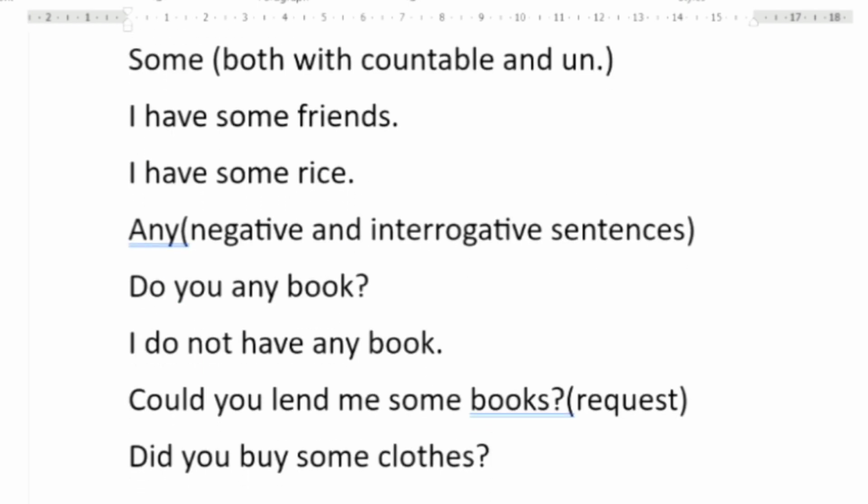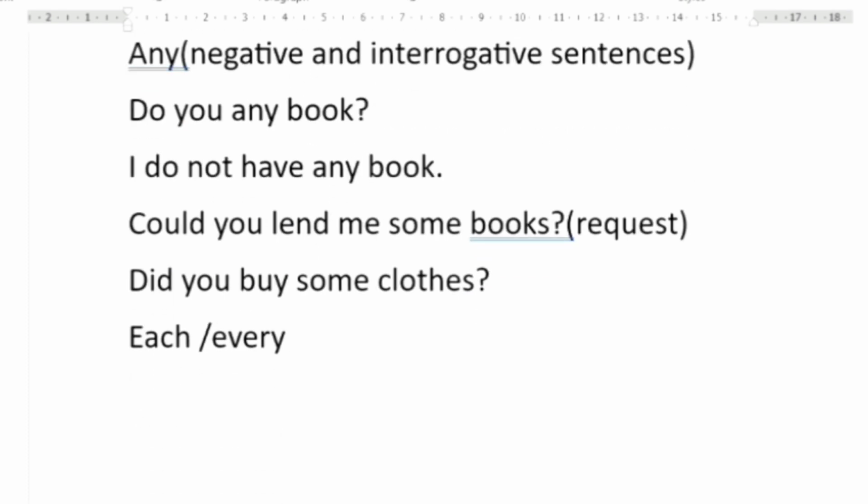Once again, which topic are we dealing with? We are dealing with determiners. Determiners are those words which help us determine the quantity or number of something. The next type of determiners are each and every. Each and every have a common meaning. They mean the same, but every is a stronger word than each.